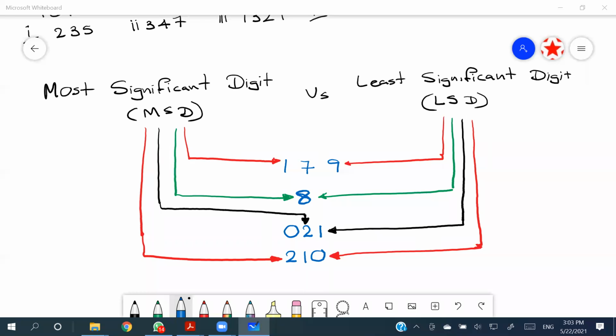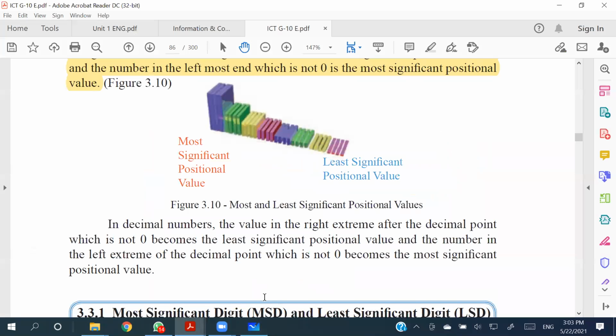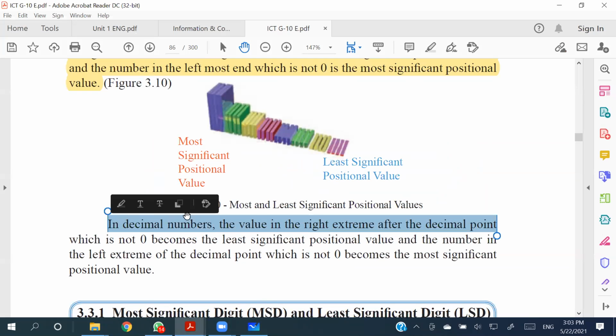All right. So let's move to the fractional part and look at what they have said. In decimal numbers, the value in the right extreme after the decimal point, which is not zero, becomes the least significant positional value. And the number in the left extreme of the decimal point, which is not a zero, becomes the most significant positional value.